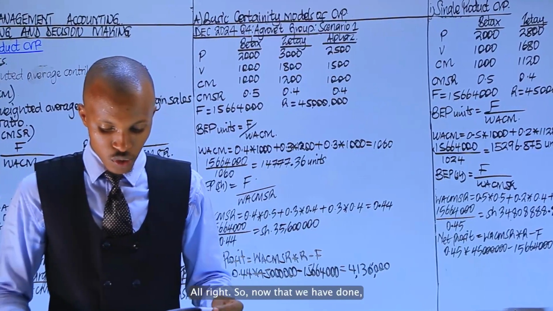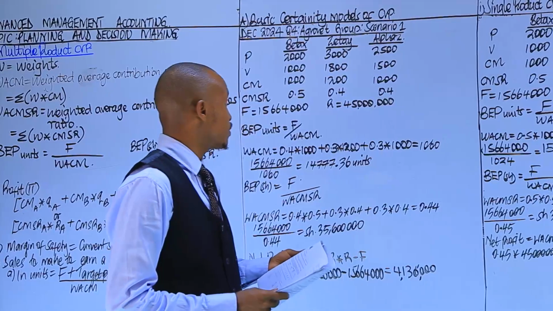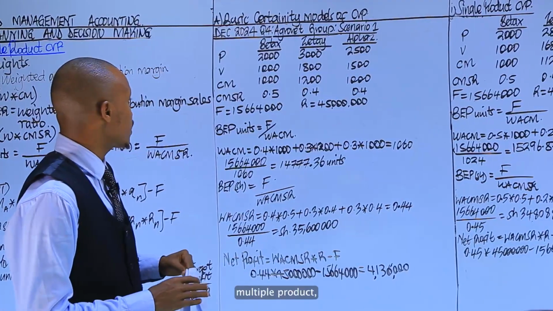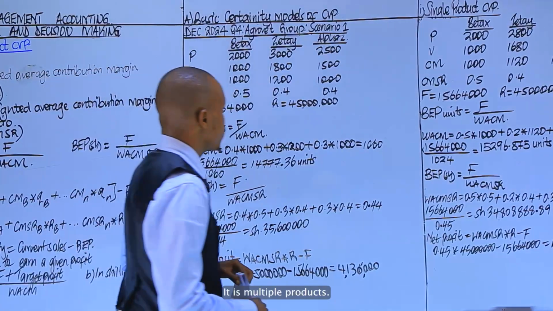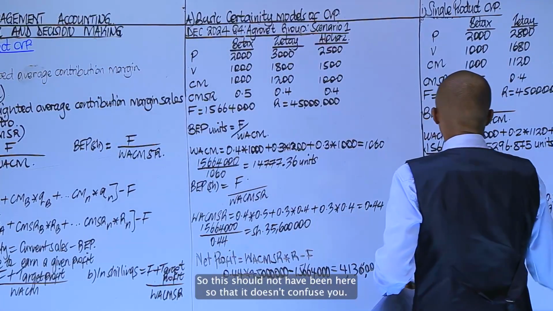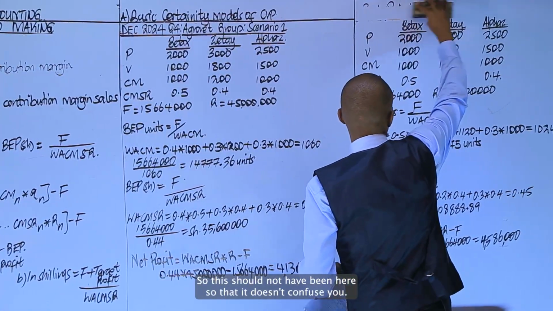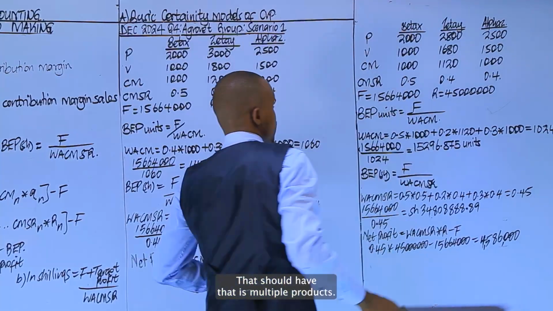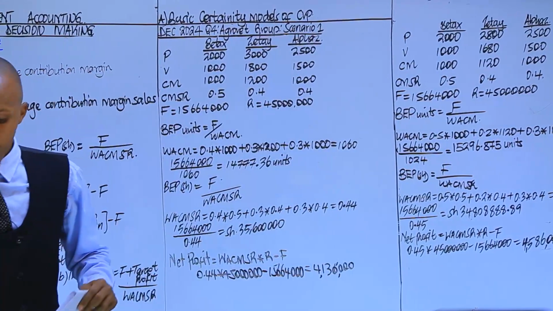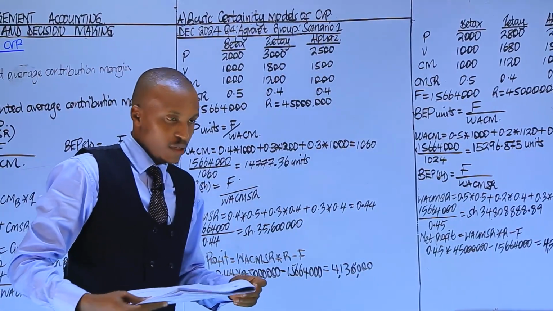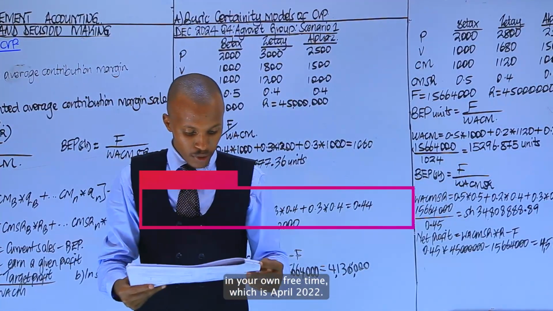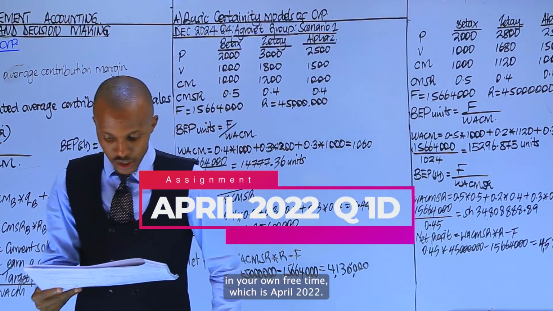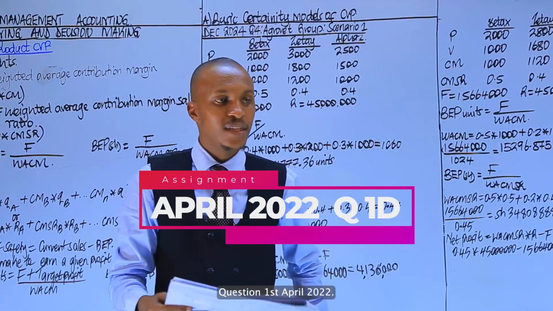Now, alright, so now that we have done multiple product, remember this is multiple product, so this should not have been here so that it doesn't confuse you. I will leave you an assignment that you can attempt in your own free time, which is April 2022, question 1D.